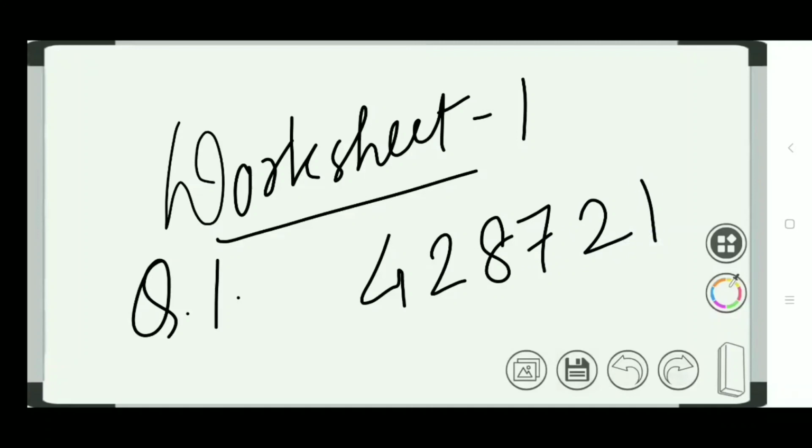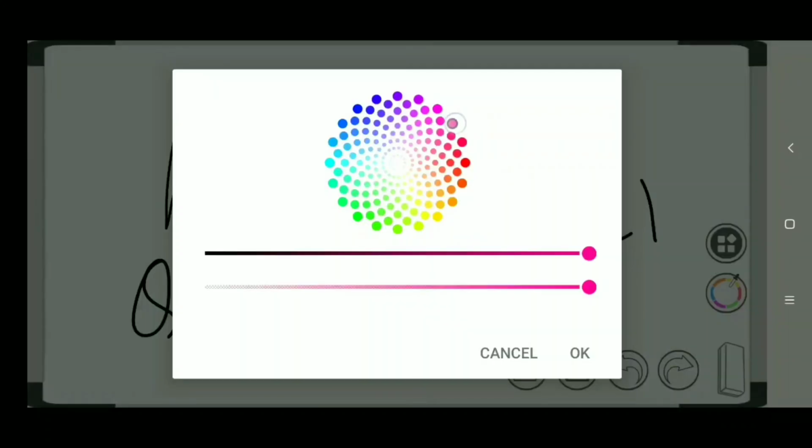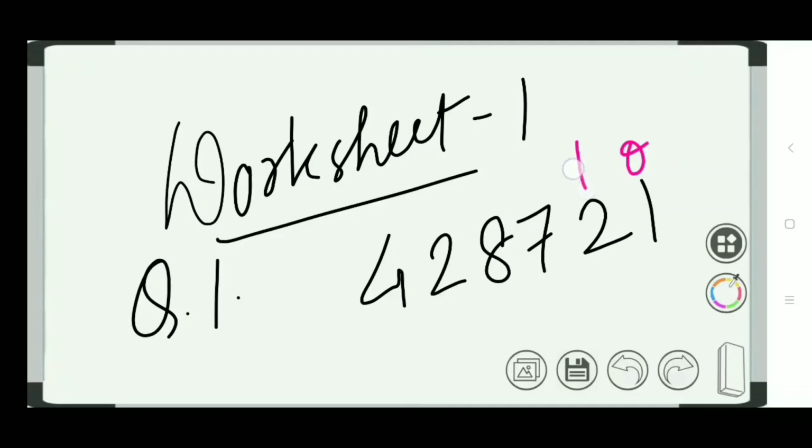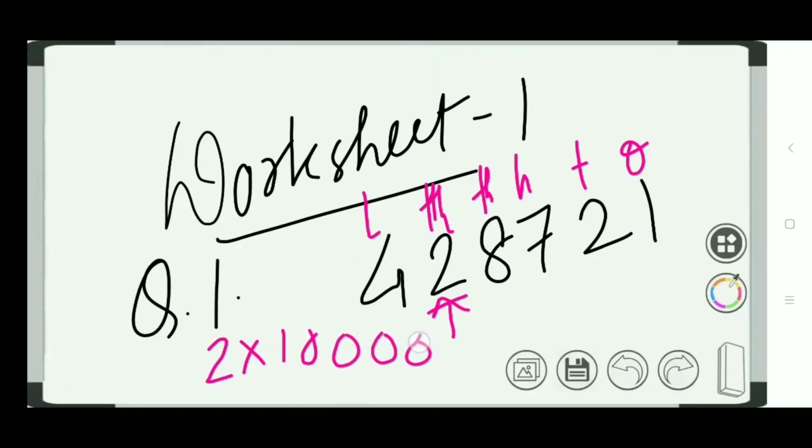This is the number given and the place values are, let's write them all. So here we can see 2 in the 10,000s place. So let's take this, and another one is here in the tens place. So let's take this one also.